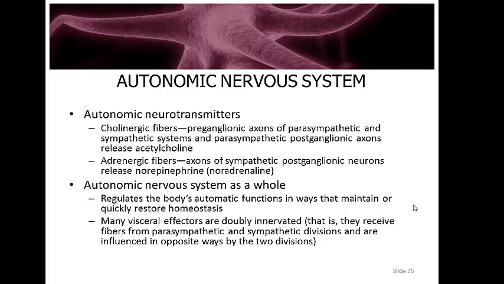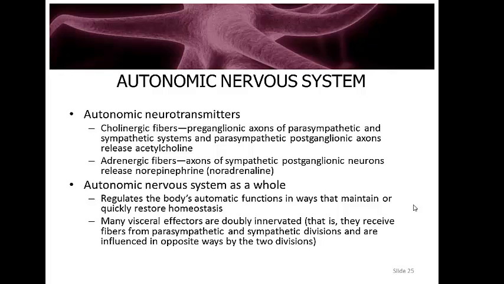The adrenergic fibers are axons of sympathetic postganglionic neurons, and what they're going to release is norepinephrine. So the autonomic nervous system as a whole is going to regulate our automatic functions in ways to maintain or restore homeostasis.